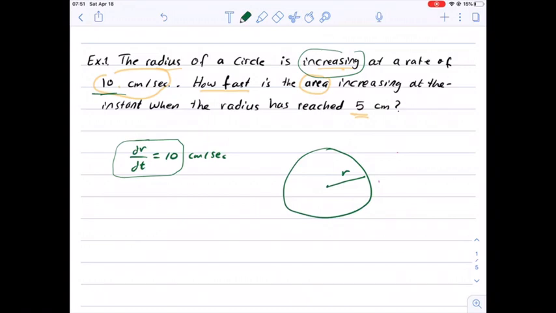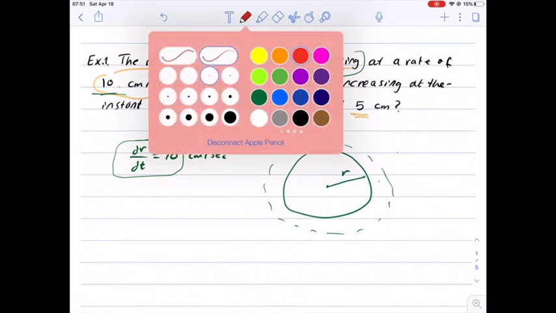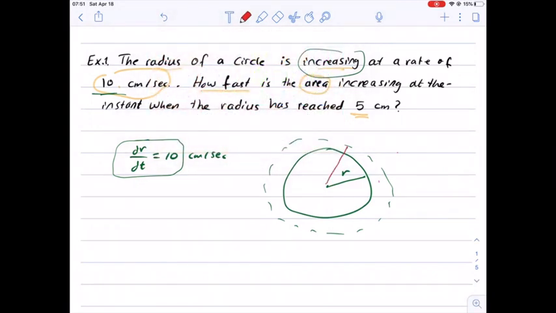As r is increasing, what happens to the area? As r increases, area will increase accordingly. For example, if the radius becomes this, then as you can see, the area will be larger.